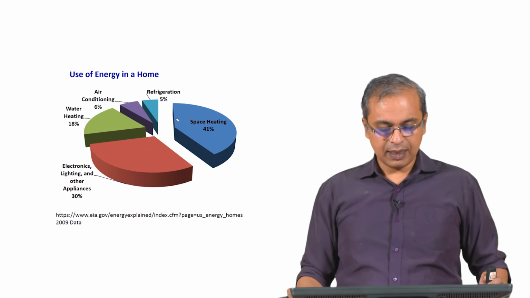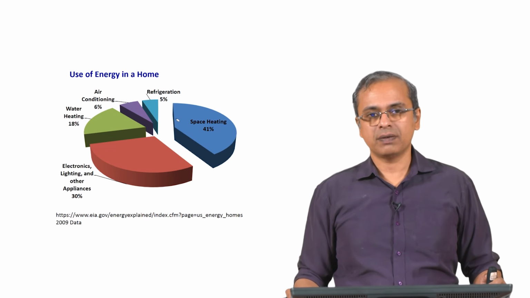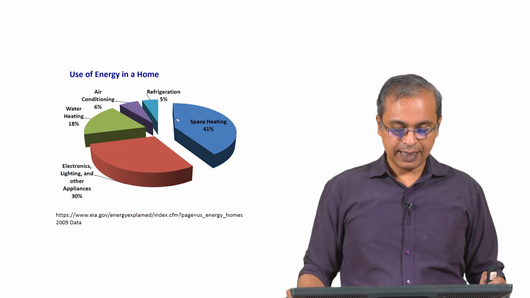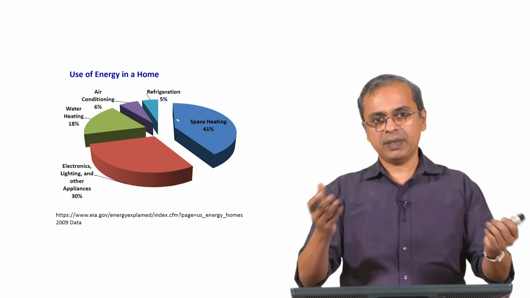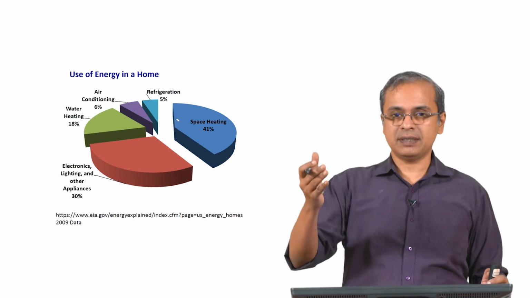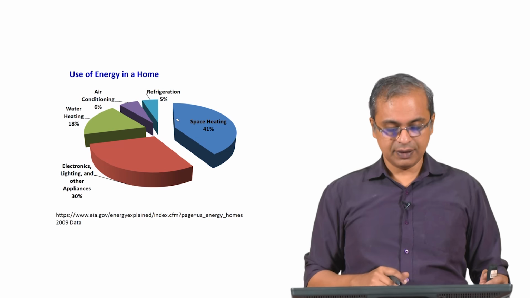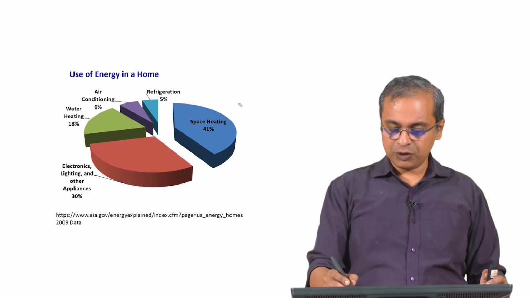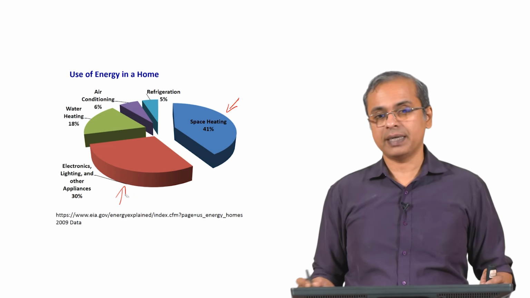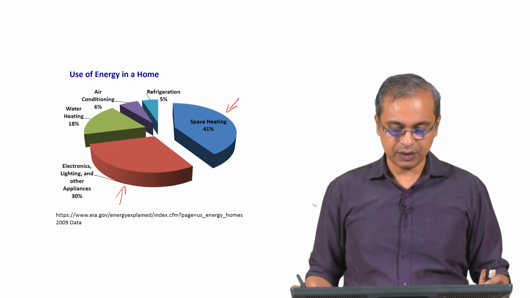I will close with this slide, which is focused on the use of energy in a home, and you can see here, similar to some of the detail that we did in the services sector when we looked at the industrial and services sector, you have space heating, which is a significant part. You have electronics, lighting and other appliances, which constitute 30% of the energy used.